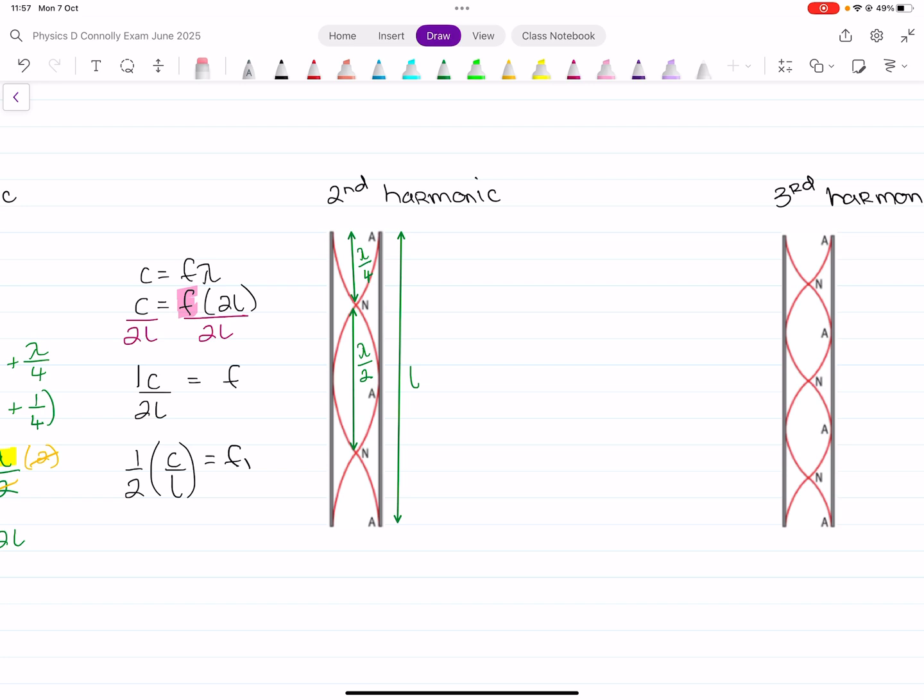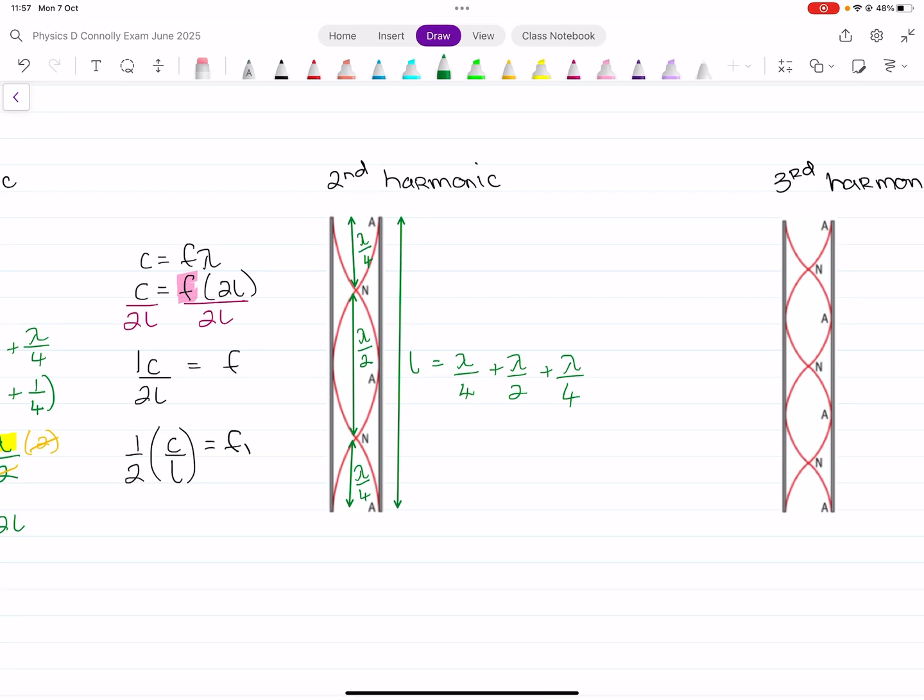And then this one is node to antinode, so it's lambda over 4. So we're doing lambda over 4 plus lambda over 2 plus lambda over 4. So in my calculator then I can just do a quarter plus a half plus a quarter, which gives me 1. So L is 1 lambda, or lambda is L.